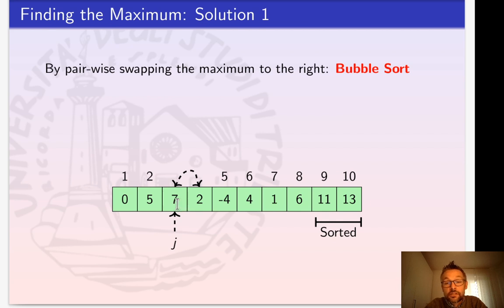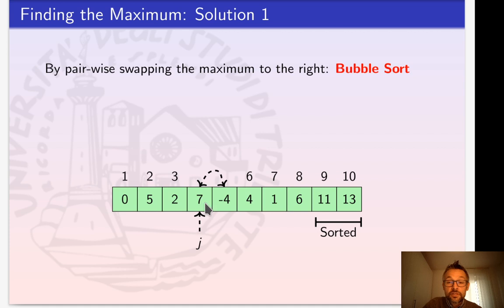So now we need to test whether 7 is greater than 2. If this is the case, and this is the case, we need to swap them, okay, and so now j is pointing to the 4th place, so it's pointing to 7.